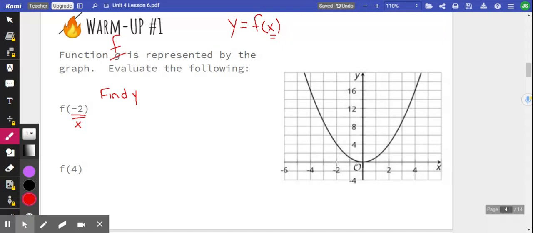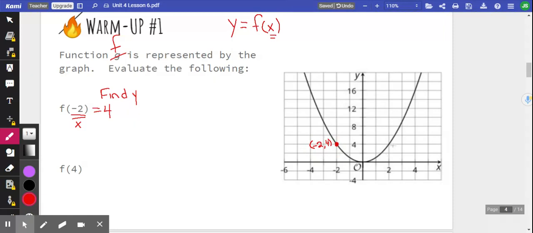There's no graph there though, so I've just got to follow it up. And if you need to draw a line when you do these, you absolutely can, but I'm talking about this point right here. When my x is -2, I have a y of +4. Okay, because it's talking about this point, and we just have to be careful with the scale here. The point -2, 4 is on that graph.